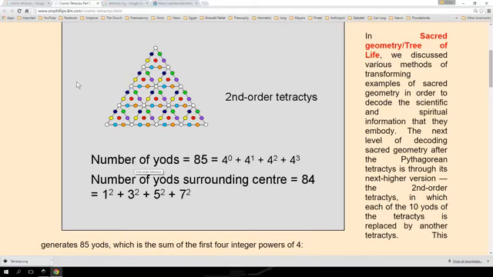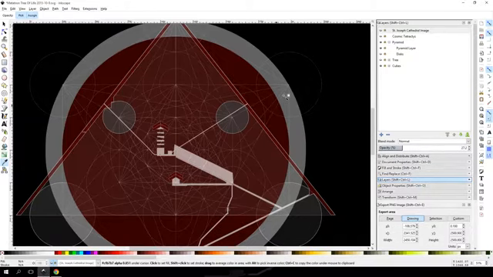And each one of these is a tree of life, and you have 10 of those. So the way the cosmic tetractys works is you have the tree of life, but then you have a tree of life for each one. And so what is actually being depicted inside of this art that you see here is a cosmic tetractys.